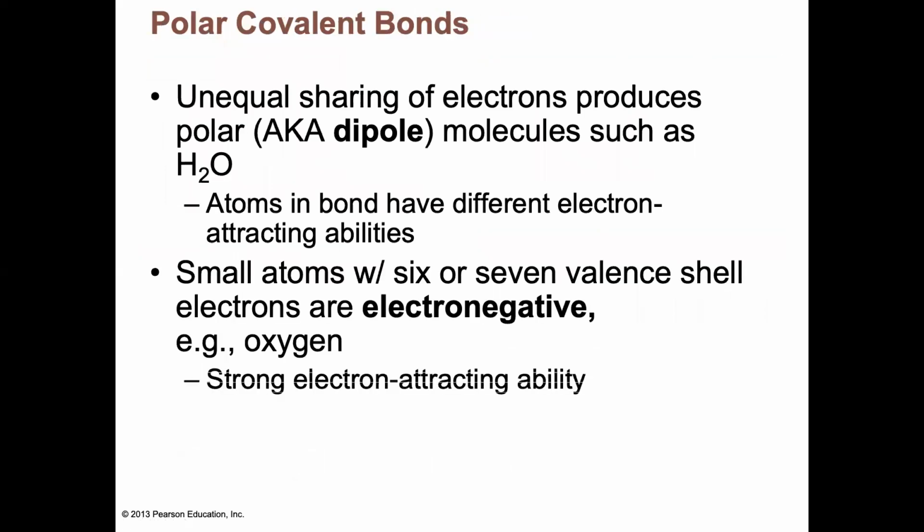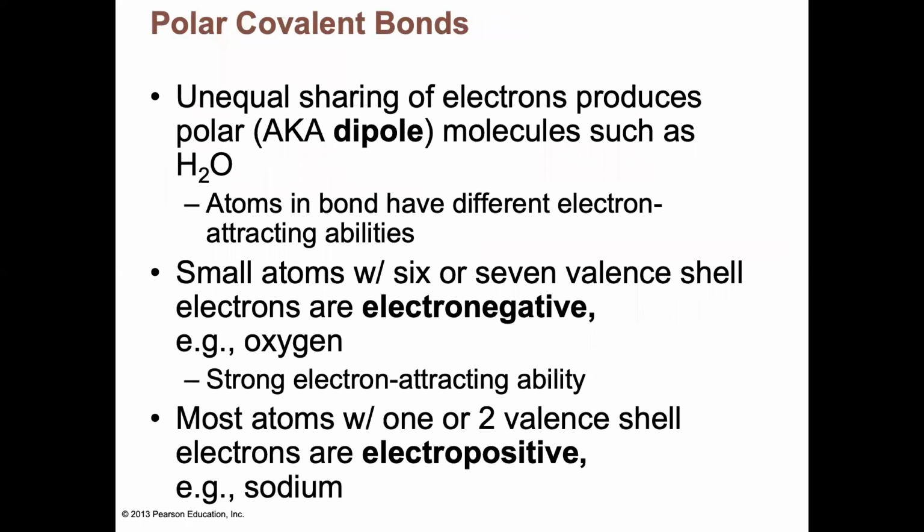When you have a covalent bond between an atom that has more tug on the electrons than another atom, you're going to create a polar covalent bond, meaning that one end of the connection between the two atoms is going to be a little bit negative, and the other end is going to be a little bit positive, okay?